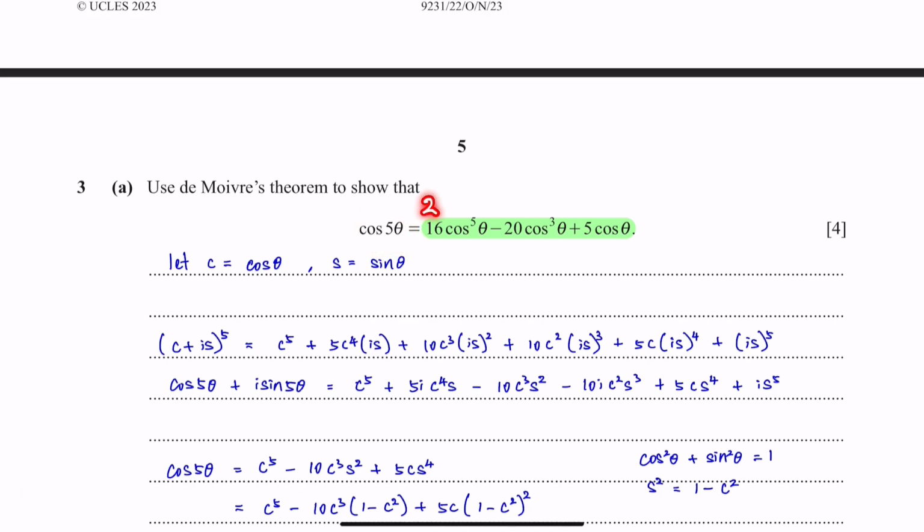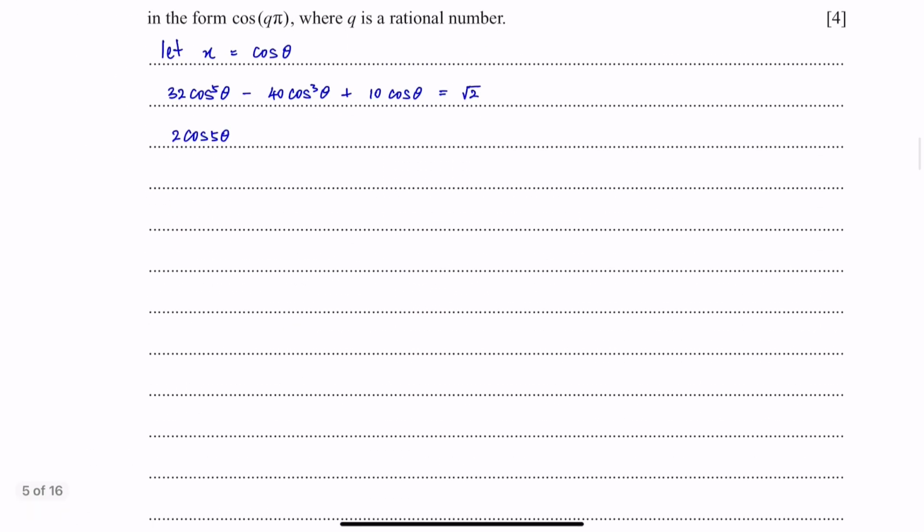Because it's 2 times this whole thing, I can also write it as 2 cos 5 theta. So 2 cos 5 theta equals sec 2, and cos 5 theta is sec 2 over 2. And we know that the base angle would be pi over 4.